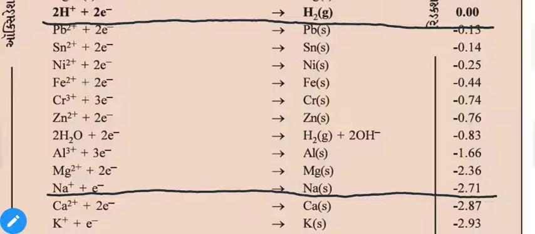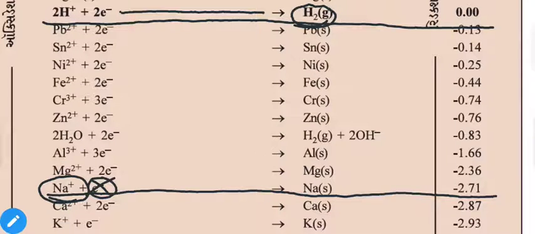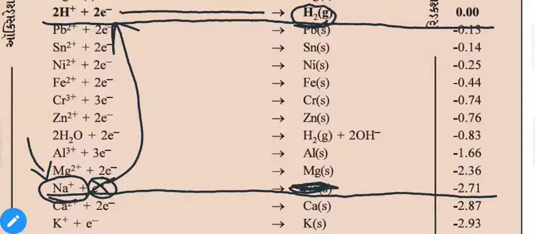Hydrogen has more tendency to participate in the reduction reaction than sodium, and that's why on the cathode hydrogen will participate in reduction, and H plus will convert to H2. On the other hand, Na plus is not able to accept electrons because the electrons will be accepted by hydrogen, so no sodium metal will be produced and sodium will remain in Na plus form.